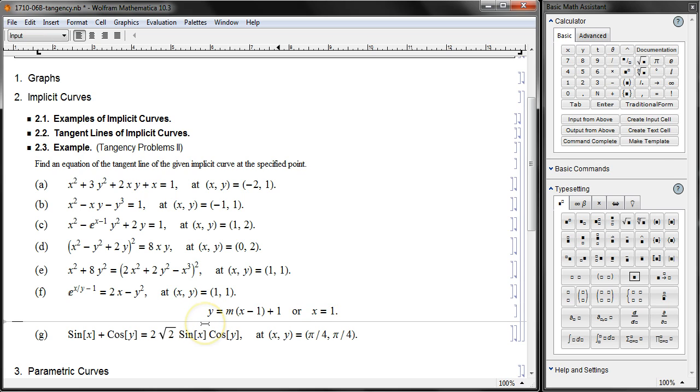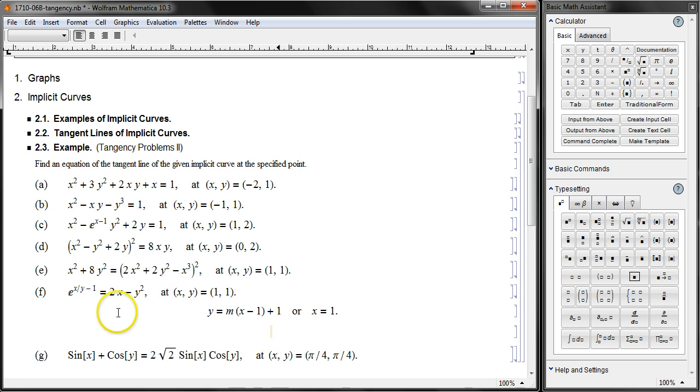Okay, let's find the derivative through implicit differentiation. Here we go. Exponential function, left-hand side, stays the same, and we have to multiply by the derivative of the inside. What's the derivative of the inside? x over y.